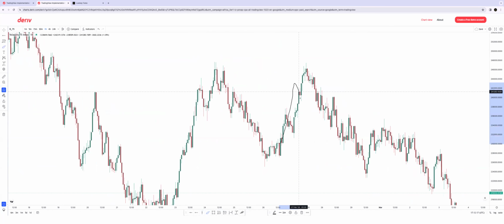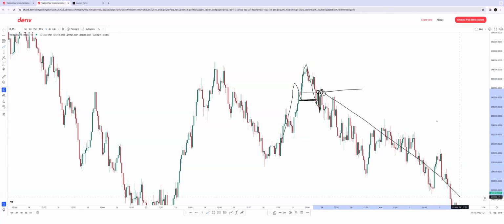Made a low. Right here we came to break structure. So after breaking structure, price came back to respect on our invalidation point. Price came to respect for the first time, then price came back to respect for the second time. Right here, that's when we had this sell trade right there.